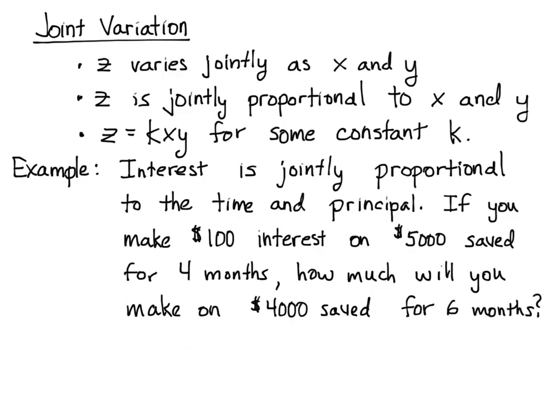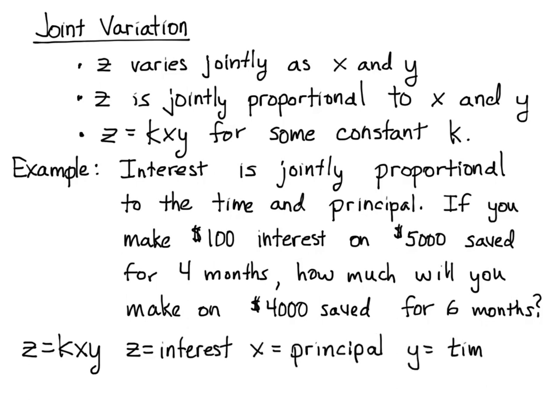Okay, so one of the strategies you can use to solve this problem is that you can figure out what your interest rate is and then reconstruct a simple interest formula. Or we can just use the fact that the interest is jointly proportional, so we have our relationship Z equals KXY. Z is interest, X is the principal, Y is the time.